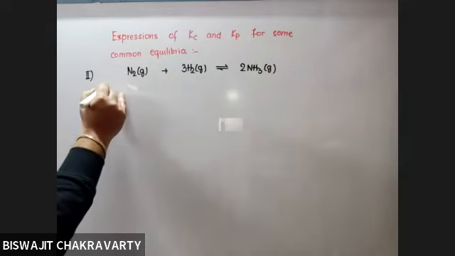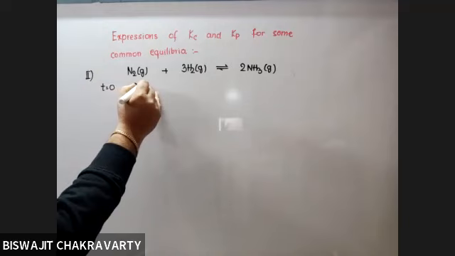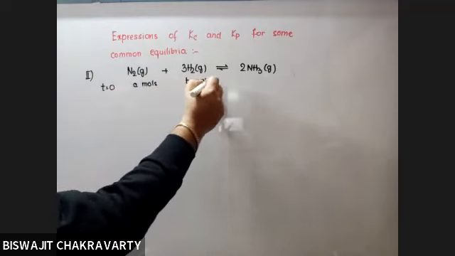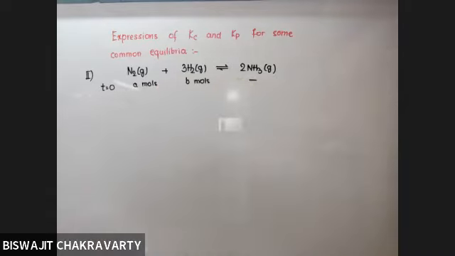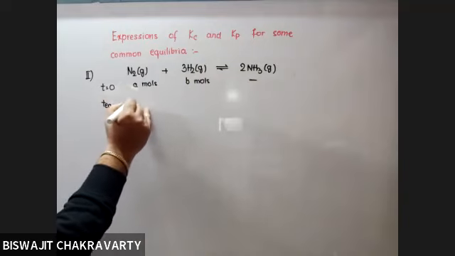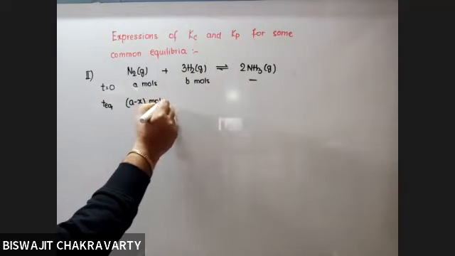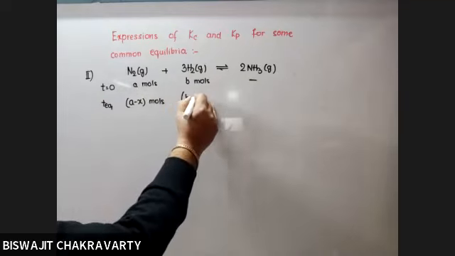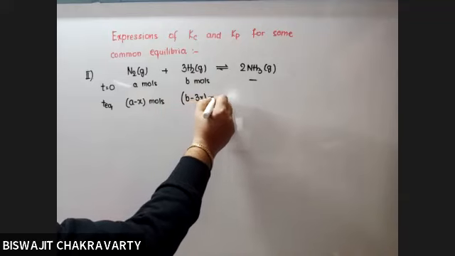At T equal to 0, let us say it is A moles, B moles, and NH3 is nil. So at equilibrium, if this is A minus x, how much are we supposed to write under H2? B minus 3x. Why have I written 3x?